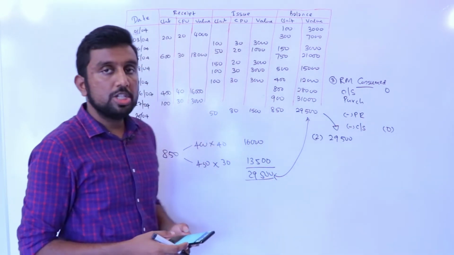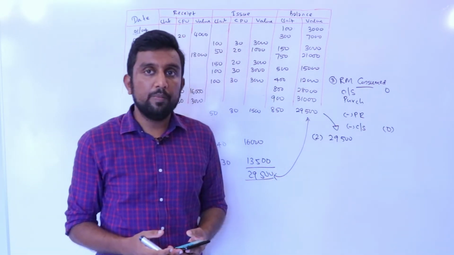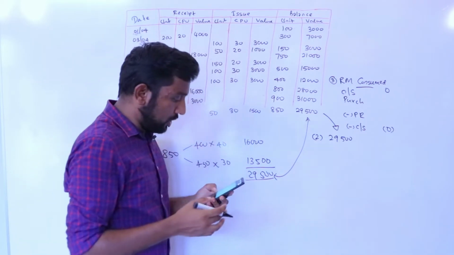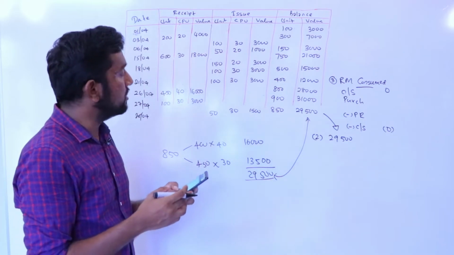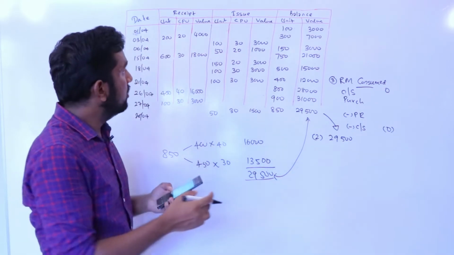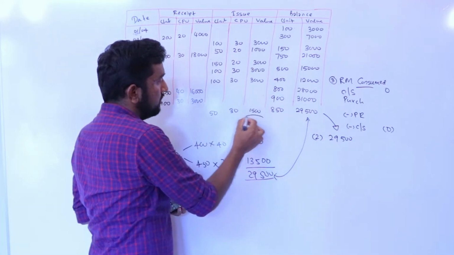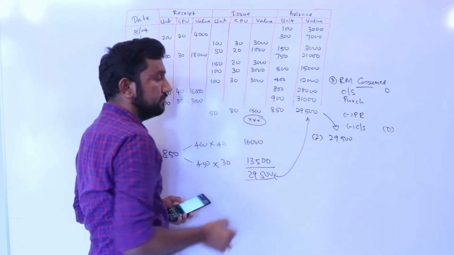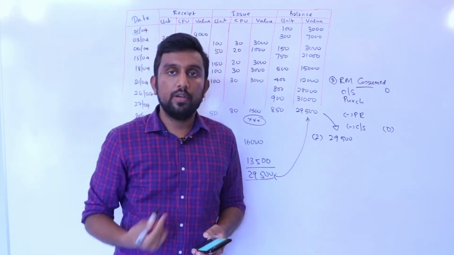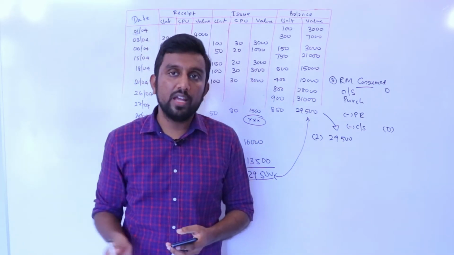Right? So purchase. So in manufacturing department, what is purchase? The issue. Right? The issue is considered as purchase. So the total issue is what? This is the total issue, right? So this total issue in this question, is it only for the manufacturing department or for the supplier as well?